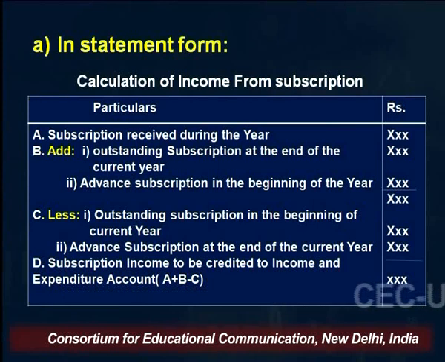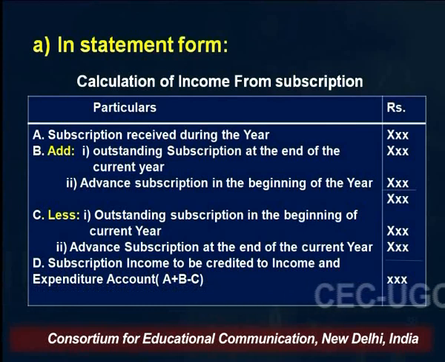Keep in mind that the amount we are calculating is to be shown on the credit side of the income and expenditure account, which is prepared on an accrual basis, which states that all incomes related to the current year are to be shown in the current year only. So according to that we have to make certain adjustments.